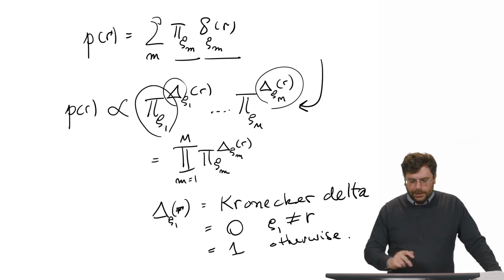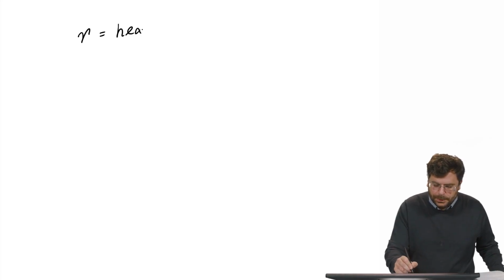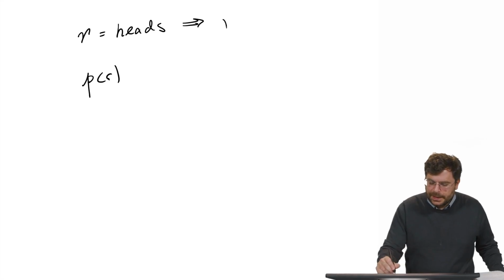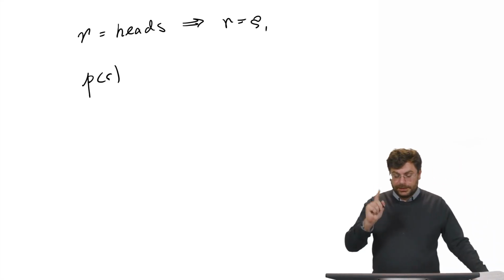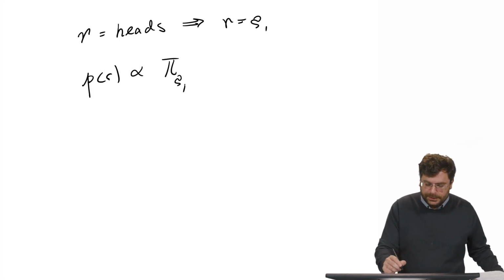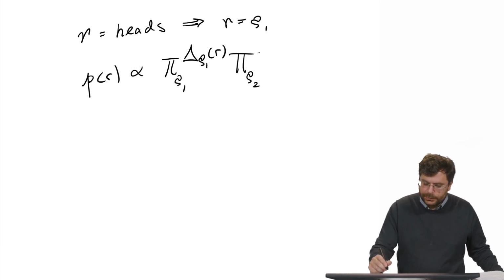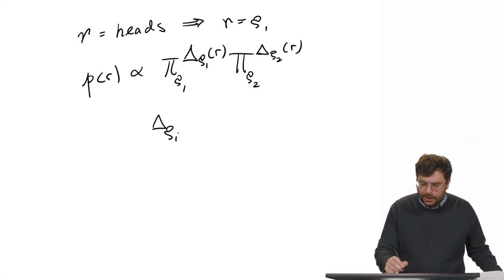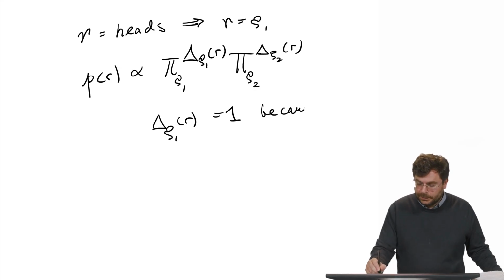So maybe writing this out a little bit more explicitly, if r is heads, and therefore r is realized to the first outcome, which is rho 1, and my p of r I said was pi of rho 1 raised to delta rho 1 of r times pi of rho 2 raised to delta rho 2 of r, then delta rho 1 of r I know is equal to 1 because I just said r was realized to rho 1.